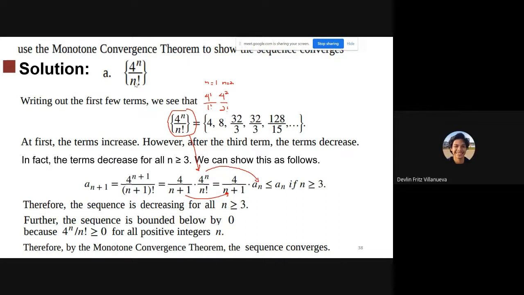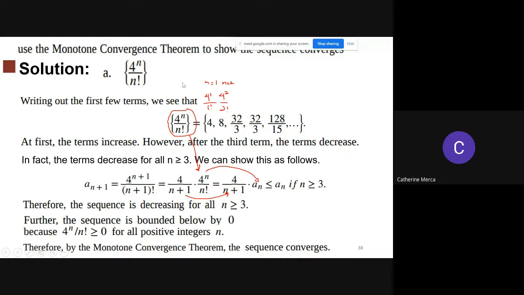1, ma'am. What is 1 factorial? 1 also, ma'am. Yes. So, 4 to the n over n factorial. Let's start at 1. When n equals 1, 4 to the 1 over 1 factorial gives you 4.